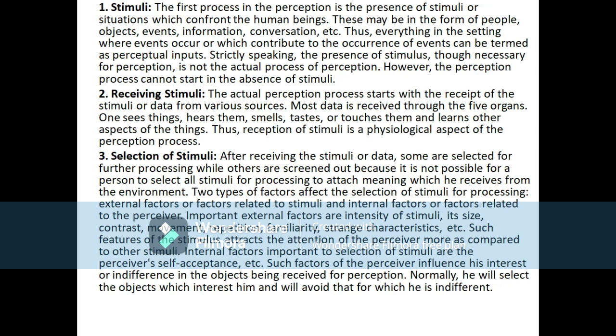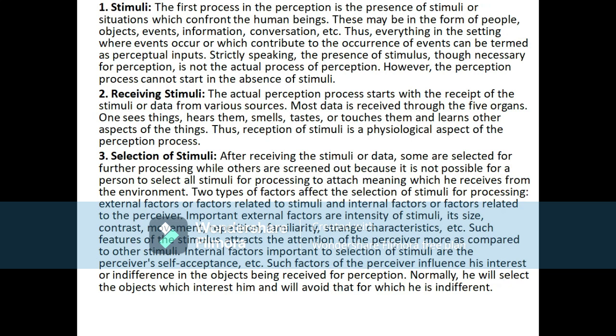In order to undergo the perception process, first of all the person needs some data from the external environment, or any situation should be there to analyze. These may be in the form of people, objects, events, information, conversation, anything.